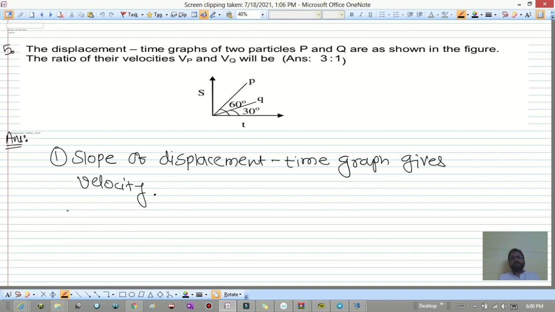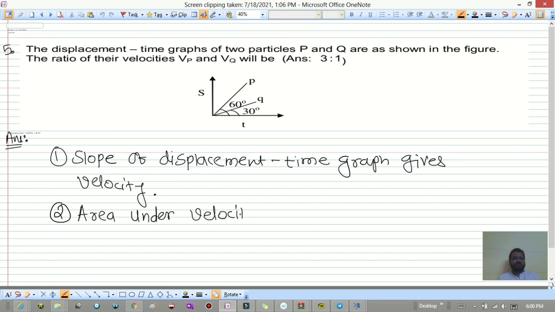Second, area under velocity time graph gives displacement.